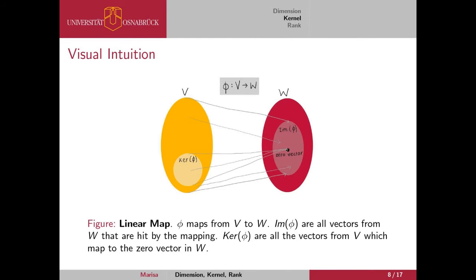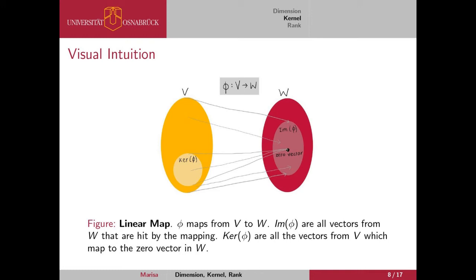This figure is to give you some visual intuition of the linear mapping and some terms related to it. So we have phi, which is a linear mapping, and it maps from the vector space V to the vector space W. So all vectors from the vector space V map to something in W. And this part in W that is hit by all of the vectors through the mapping is called the image of phi.